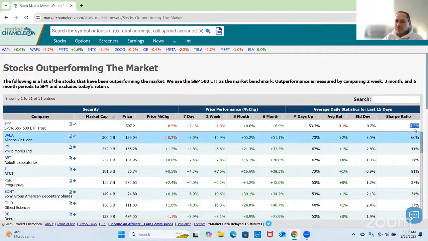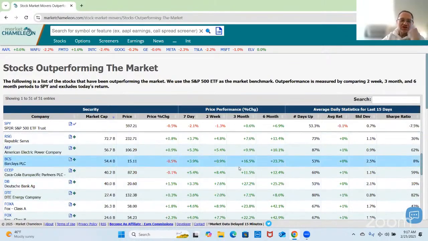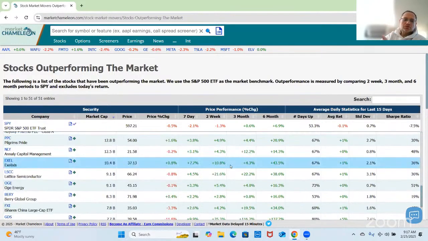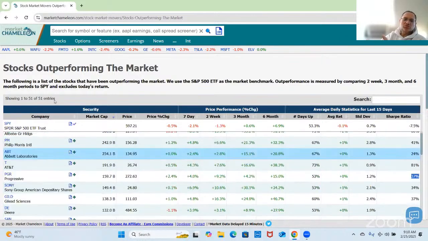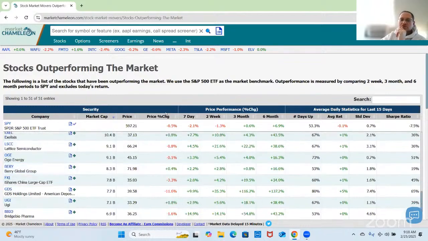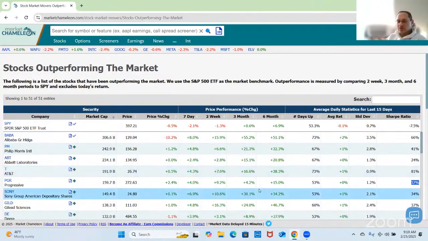And right now, SPY is in the negative because it has average negative returns. But here we have a list of stocks that seem to be outperforming the rest of the market if we use SPY as our market benchmark on these measures. Of course, you could measure in many more ways than this, but this is a report that gives you those types of insights. So I think I'm going to stop right there for covering the relative performance.